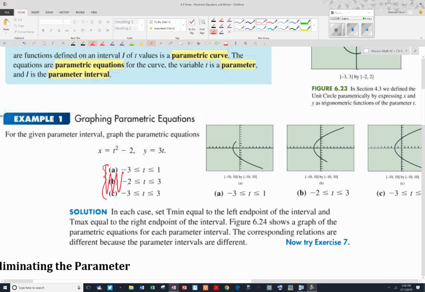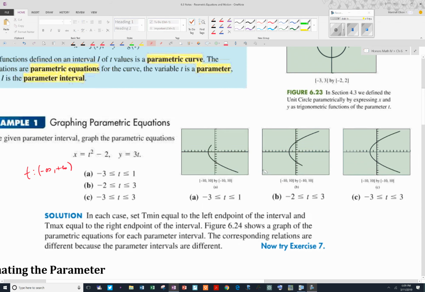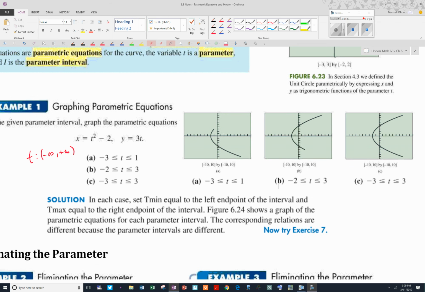But if we didn't restrict t, if we just said, let t be any real number, then this graph would look like this entire graph going forever. But if we were to restrict the values of t, it would restrict the function, or in this case, the relation, because it's not a function, in these three ways that we see here in A, B, and C.